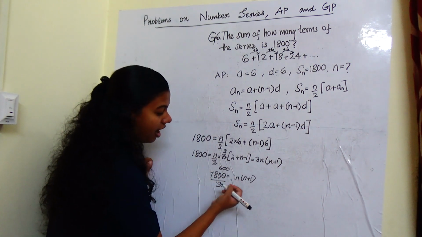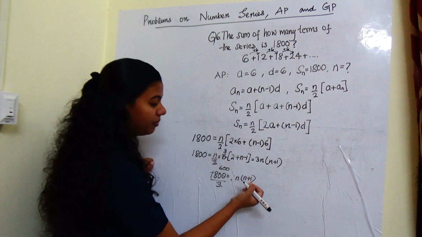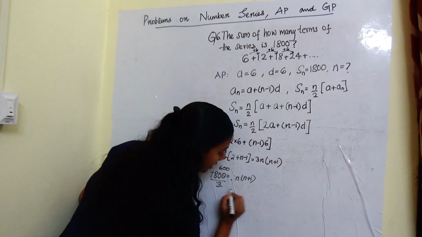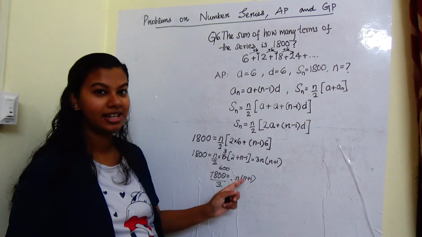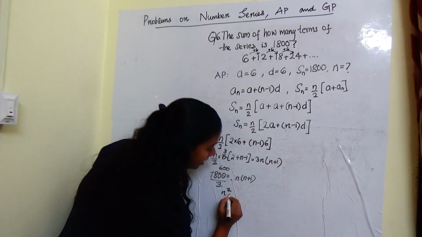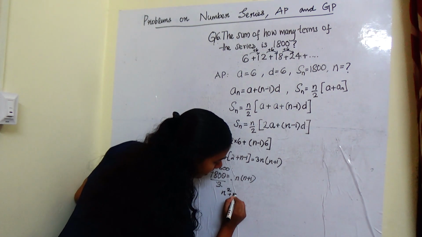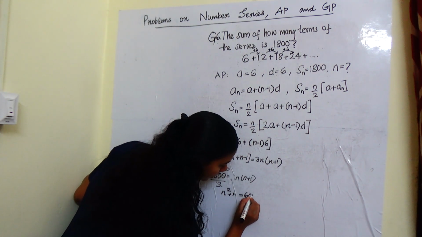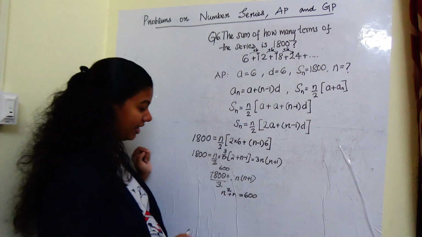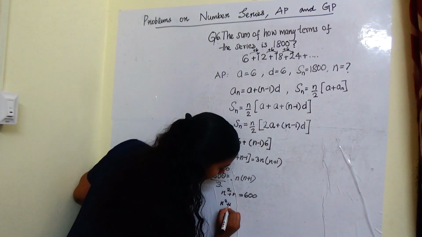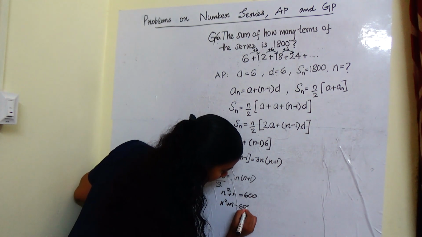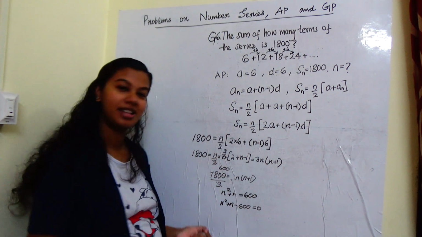And in the RHS, n into n plus 1 can be written as n square. I am multiplying n in these two terms. So I'll get n square plus n, which is equal to 600, right? So it will be n square plus n minus 600 equals 0.